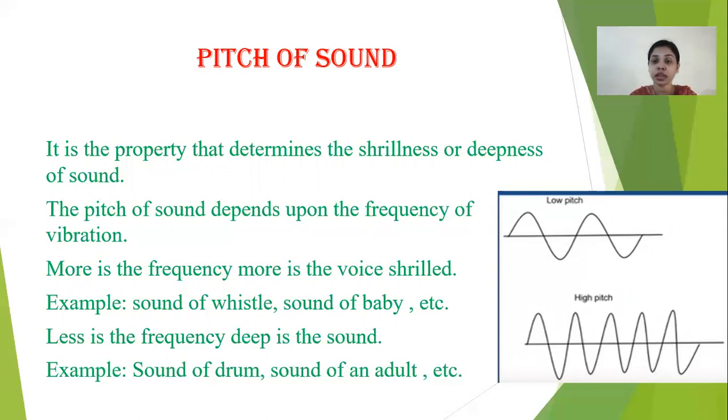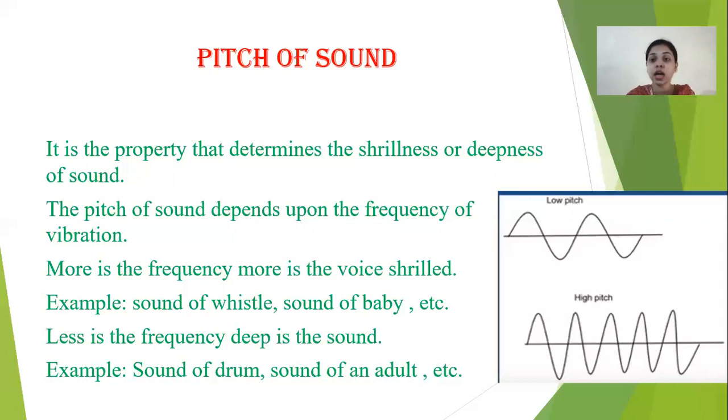The amplitude is nothing but the height of the crest or the depth of the trough, or simply the maximum displacement traveled by the oscillating body or particle. Then the frequency is the number of cycles, waves or oscillations per second, which is denoted by mu, and it is measured in hertz.